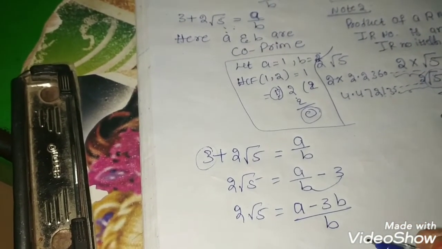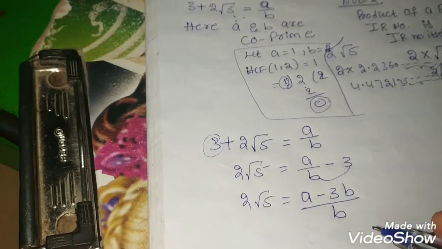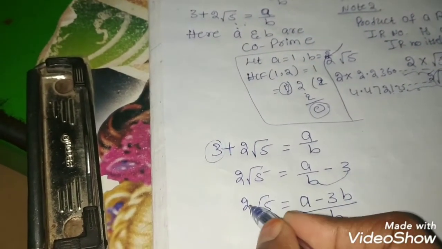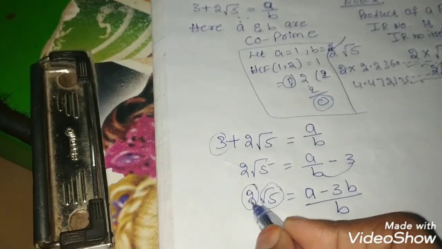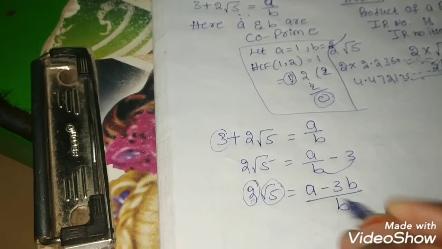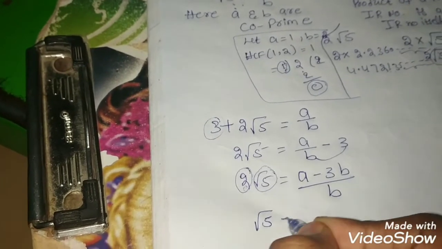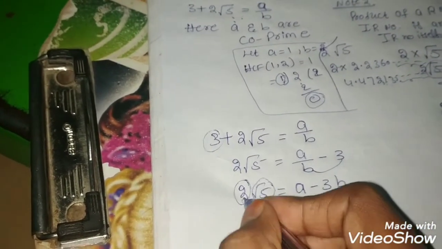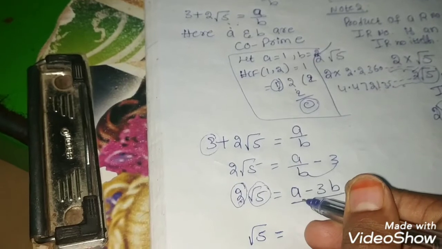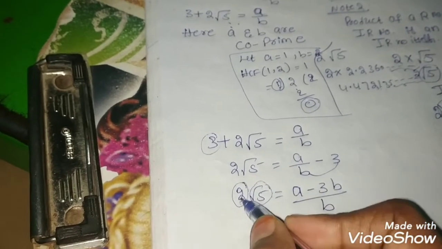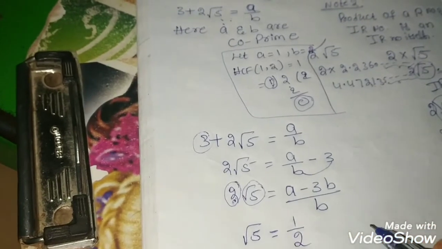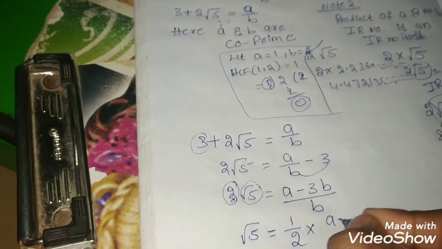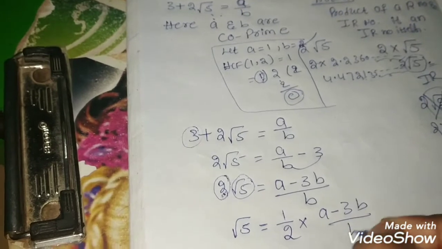Now 2 is a rational number and root 5 is an irrational number; we send this rational number to the right side. Root 5 is equal to 1 by 2 into a minus 3b by b.